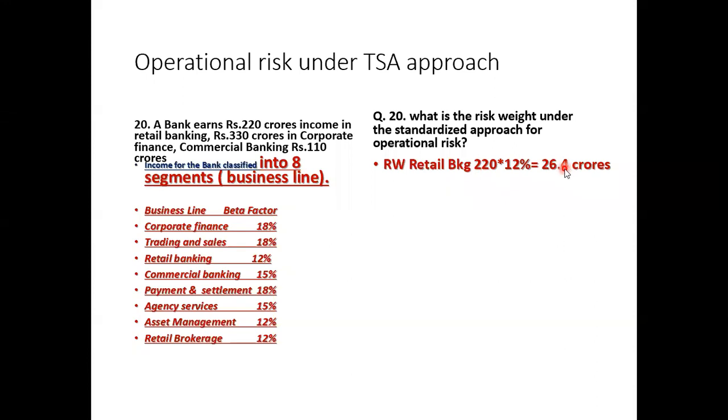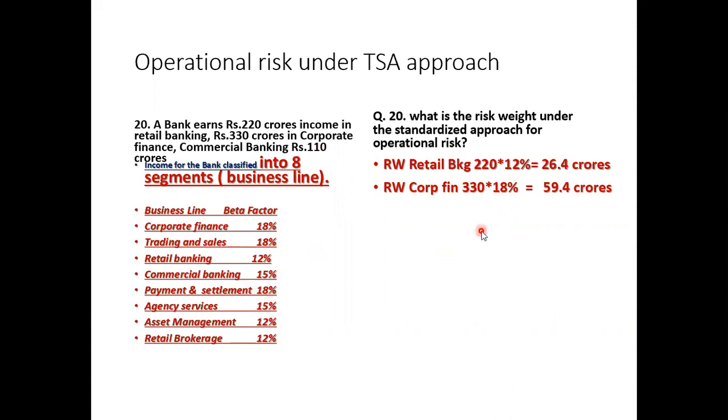This is only for operational risk. The 330 crore corporate finance, 18%. You have to remember, 330, 18% may become a loss. So 15.4 crores may become a loss. Agreed? Okay. Now commercial banking, they have earned an income of 110 crores. But there is a risk of 15%.